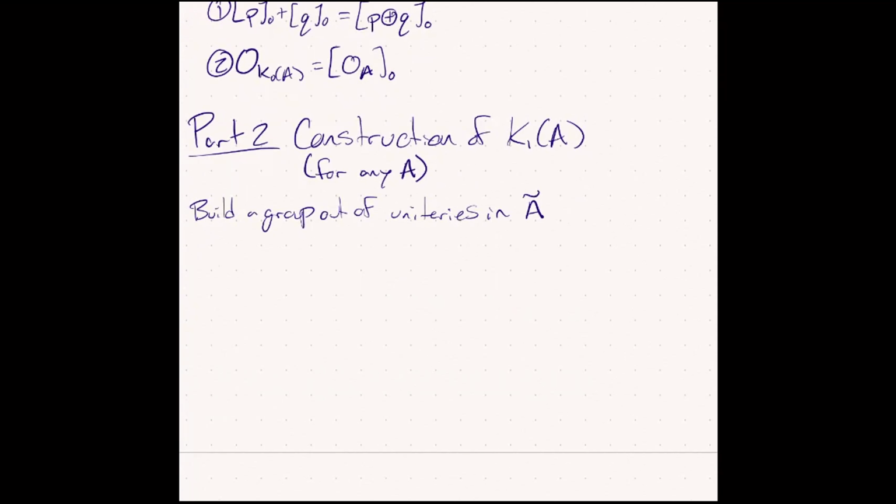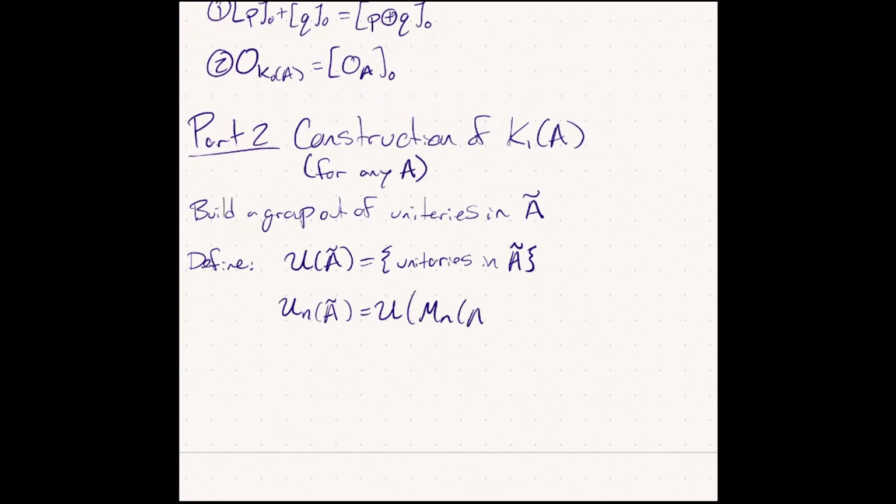So we're going to define a few sets. We'll use the notation U of A tilde for the set of unitaries in our unitization. We'll define UN of A tilde to be unitaries in the n by n matrices over our unitization.